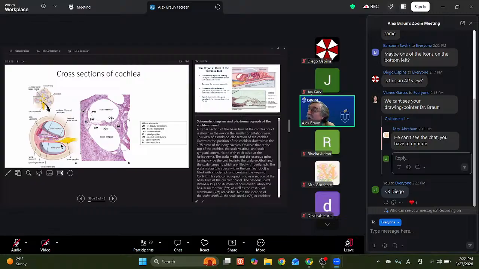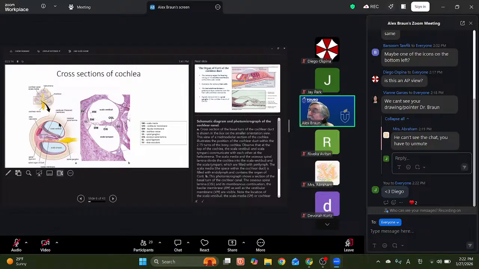Okay. So anyway, the scala vestibuli and scala tympani contain perilymph. And then there's a third space called the scala media. The scala media is actually the actual cochlear duct, which transmits sound and is responsible for the stimulation of the organ of Corti.